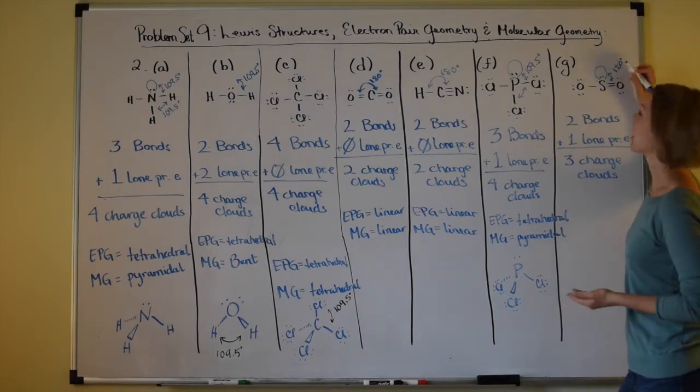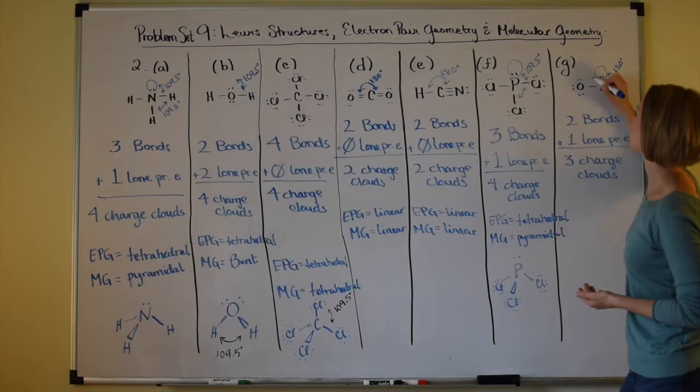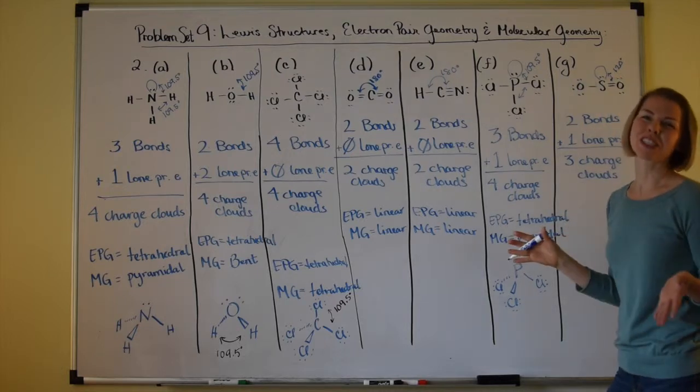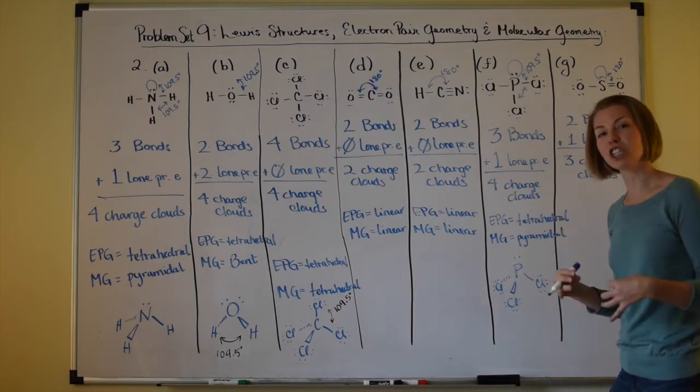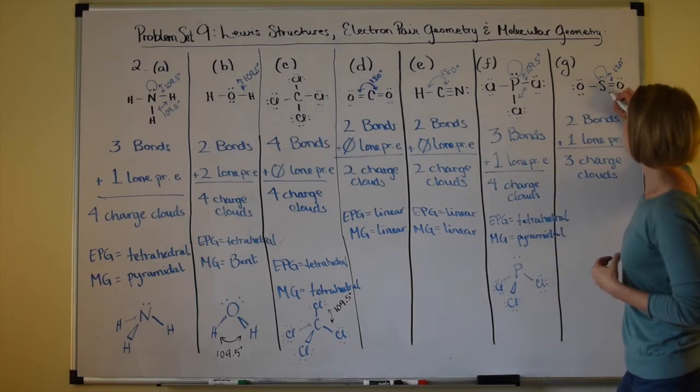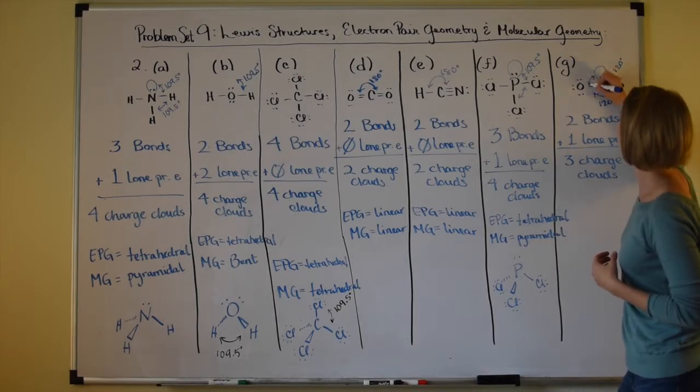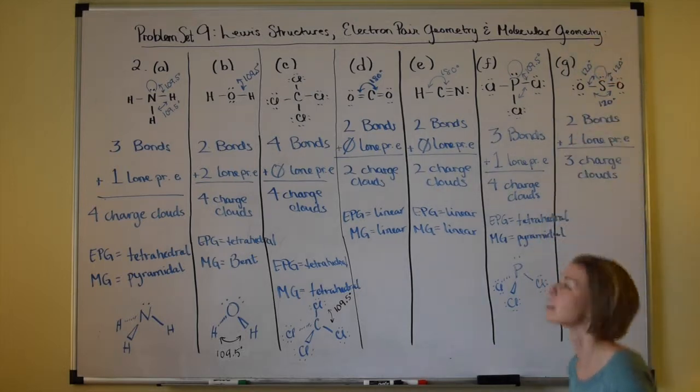Now we've drawn it as if it's 90, 180, 90, but that's just how we drew it in our Lewis structure. Now we're analyzing 3-dimensionally how it really looks, and they're all going to be around 120 degrees apart. Okay, so let's redraw that.